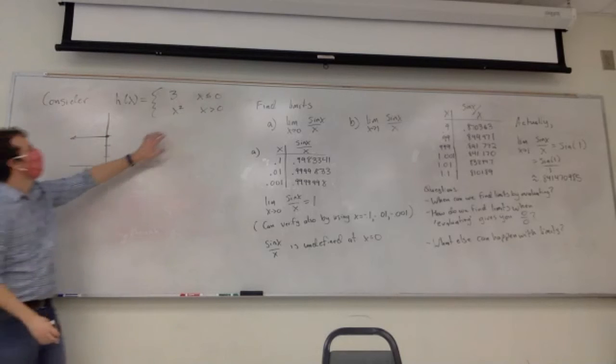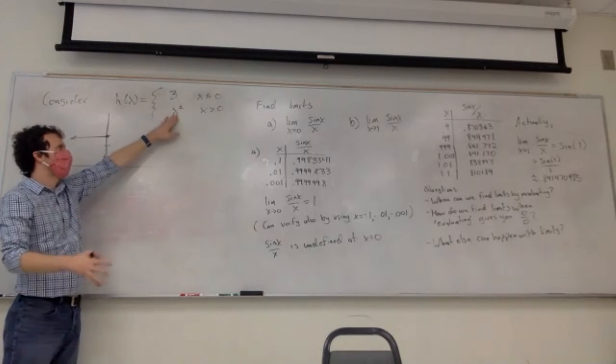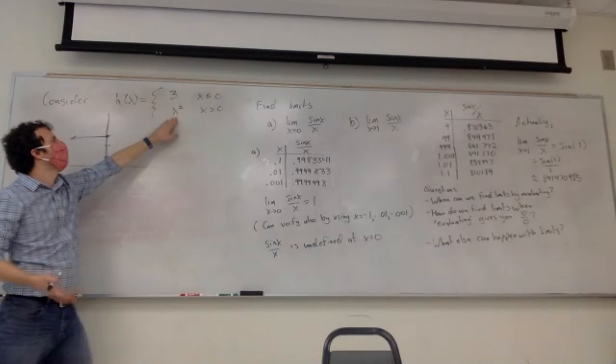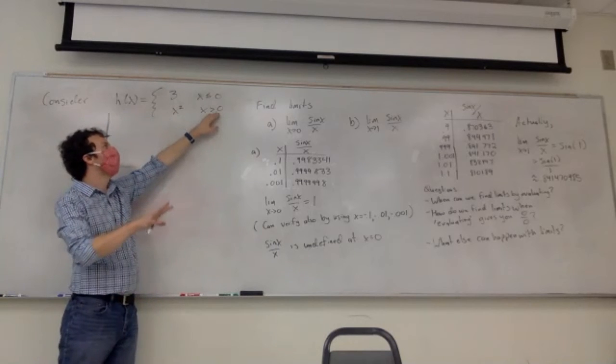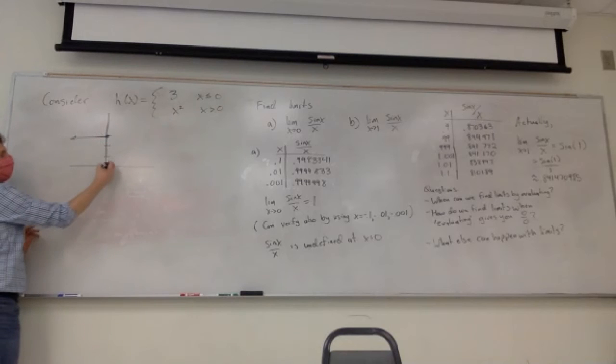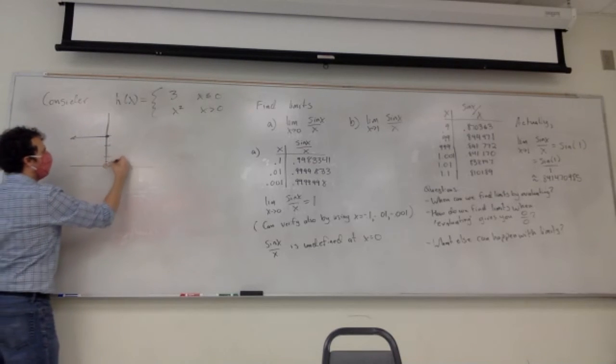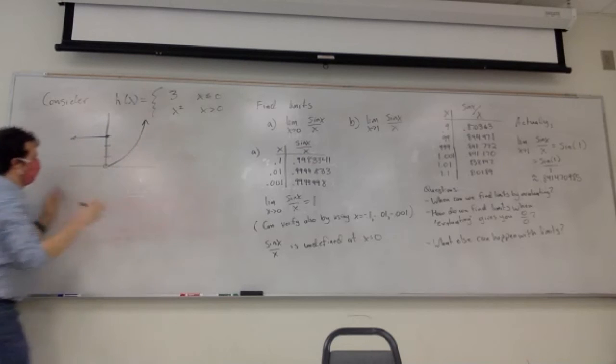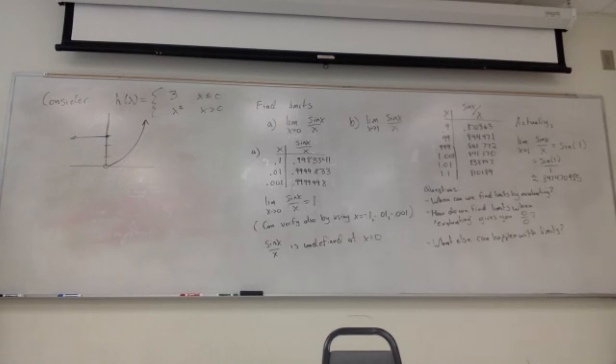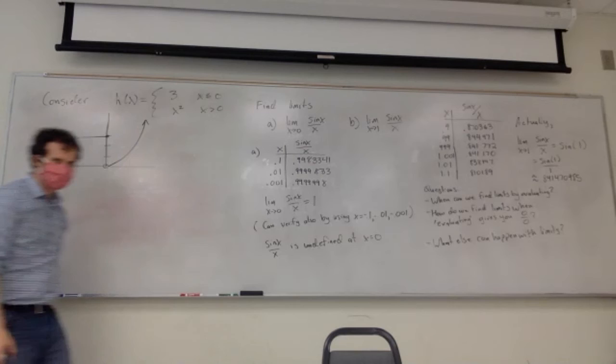For the other part, we're using x squared, the standard parabola, starting at 0, but not including 0. So at 0, we'll put this little circle just to say, don't use the parabola here, the function is up on the line, but then we have the parabola that we're using for the right half.